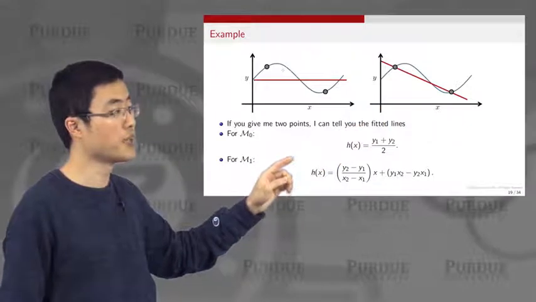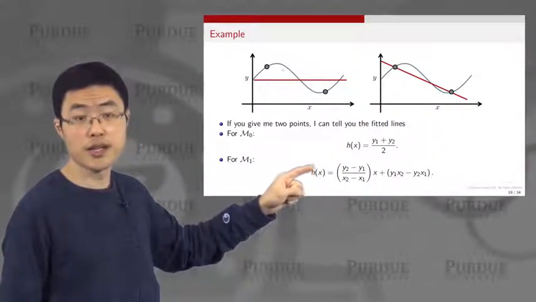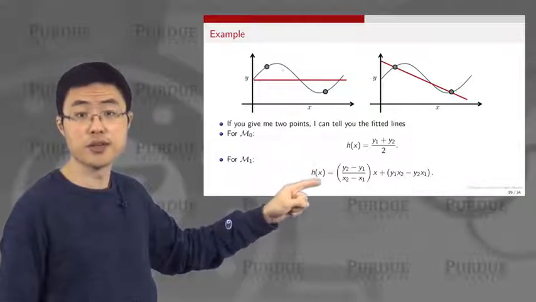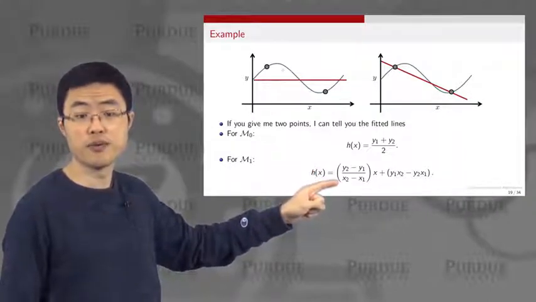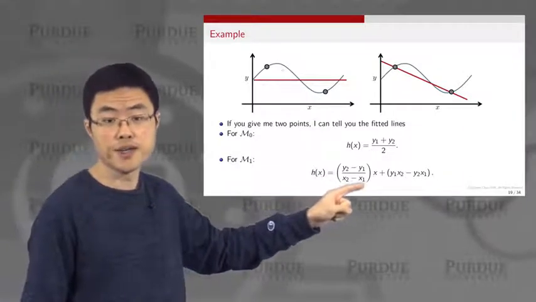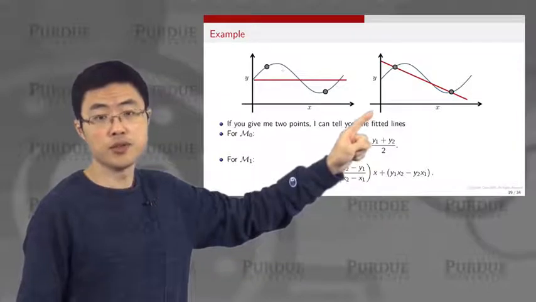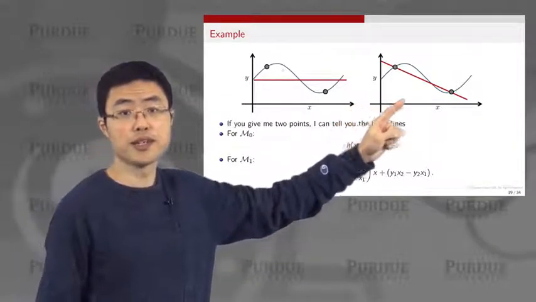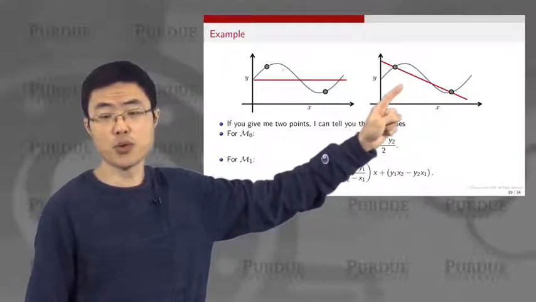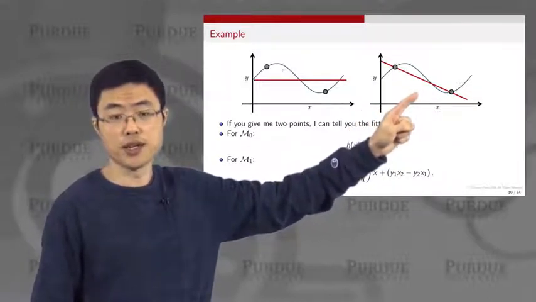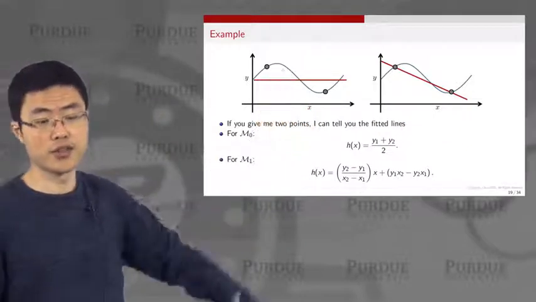And by doing some very simple algebra, you can show that h(x) is given by this equation, where you have the slope given by (y2 minus y1) divided by (x2 minus x1), times x, plus the y-intercept. Now when you look at this diagram, you see that once you give me these two data points, I can fit very well using the first order line, compared to the 0th order line that's leaving a lot of space.